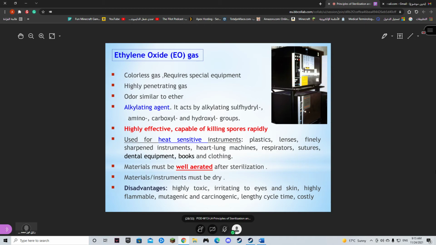Over there they have CO2. CO2 and the ETO come together and cause the sterilization method, and it should be well aerated. Why well aerated? After using these things, it should go through aeration. It should not remain there because they're highly carcinogenic.